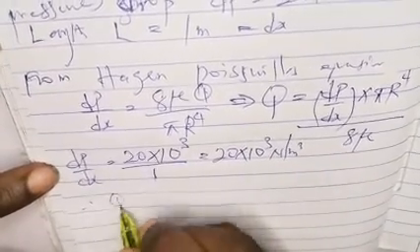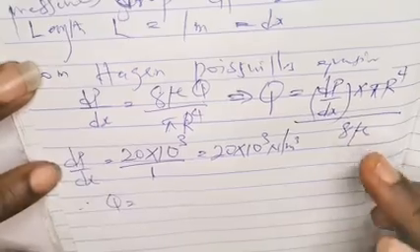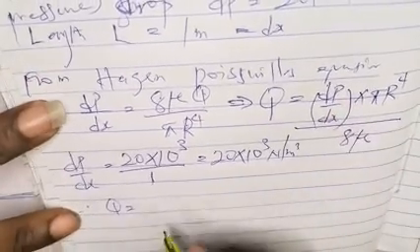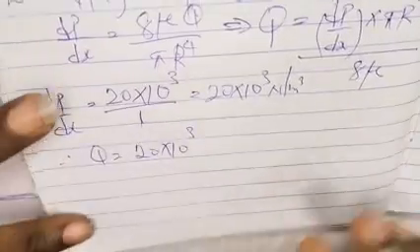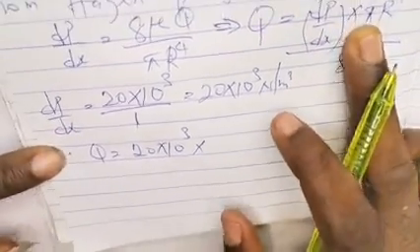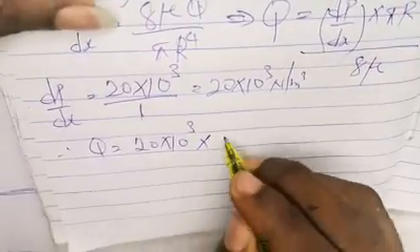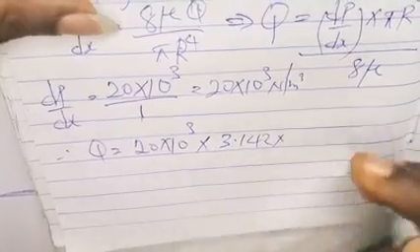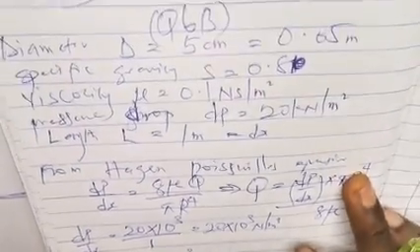So we can now solve for discharge using this relationship. We have 20 times 10 to the power of 3 multiplied by pi, which is 3.142, multiplied by radius.